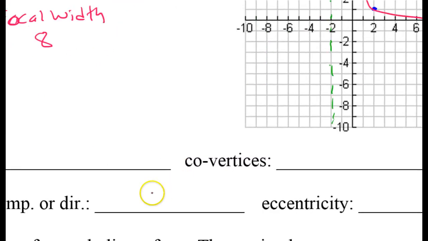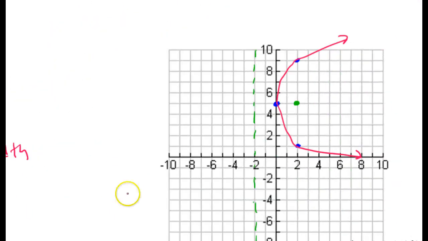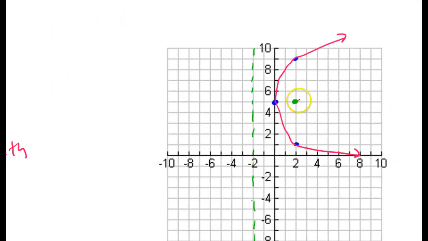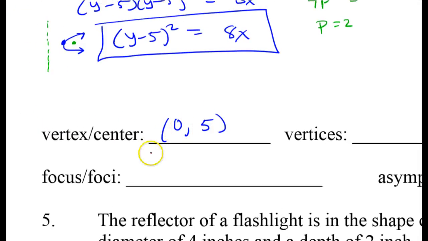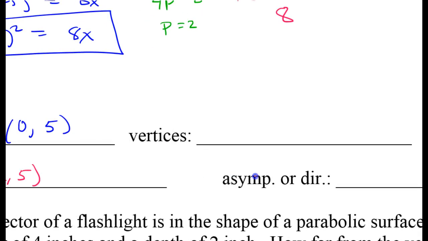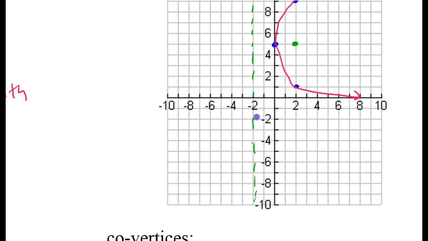Co-vertices, that's not a thing for a parabola. Focus. The focus is at 2, 5. Asymptote or directrix. The directrix is this vertical line.